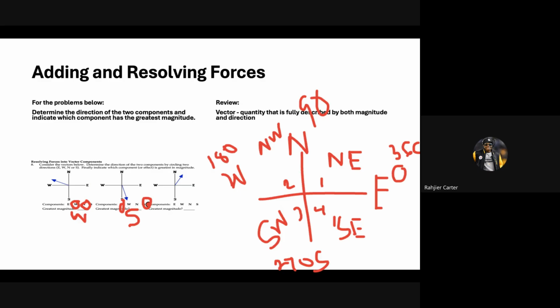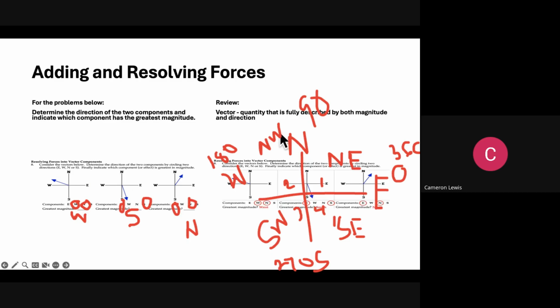Northeast. Good. So now we got east and north. Which one will have the greatest magnitude? The north. Good. Is that what we just had?